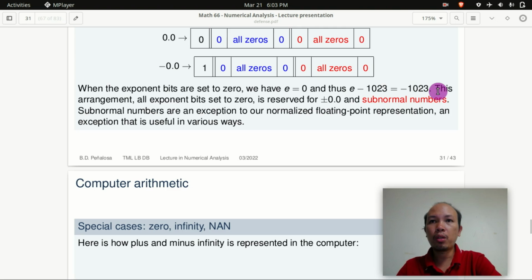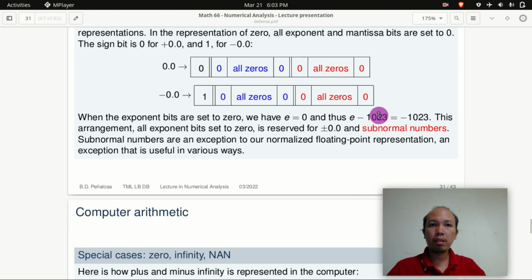So this arrangement, with all exponent bits set to 0, is reserved for two numbers, positive 0.0 and negative 0.0. For the 64-bit operating system, this negative 1023 here will represent the smallest machine number.